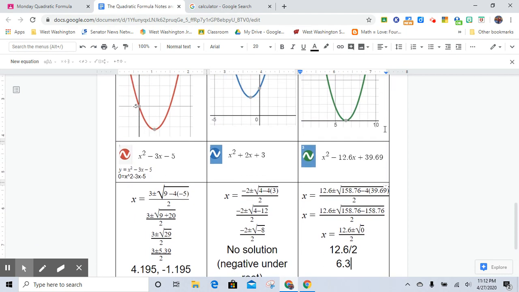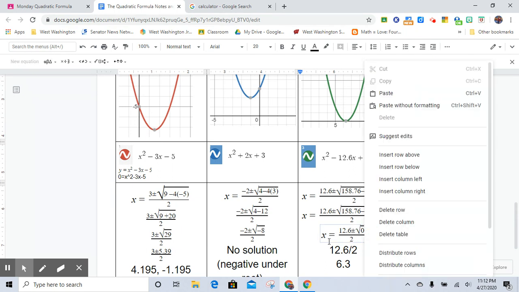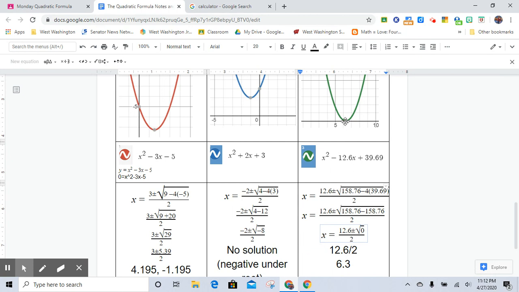And so when this under the radical is a 0, you will have only one root, one solution, one answer, one x value. When it's a negative number, no solutions. Whenever it's a non-perfect square, you're going to have two irrational numbers.